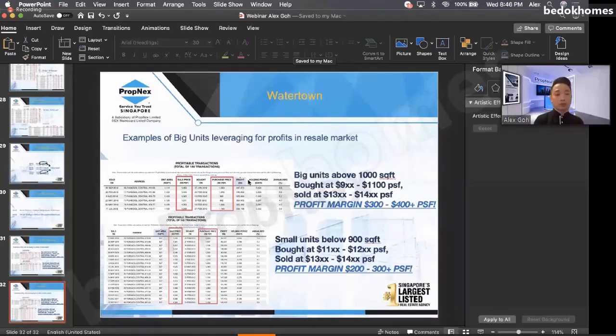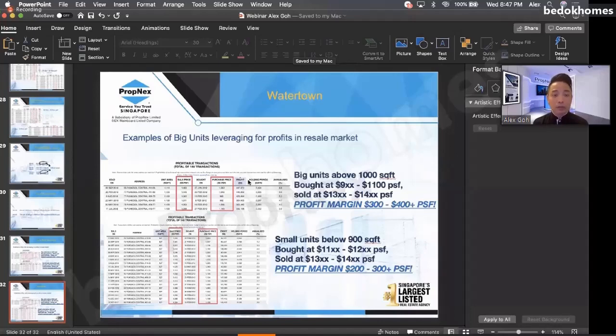Okay, so in all projects, from what I know, of course there are certainly some developers who are changing the strategy a bit. But most developers, let's say about 90 to 95%, usually price the smaller units at a $100 to $200 premium per square foot. But there is a slight change of strategy for some developers recently.